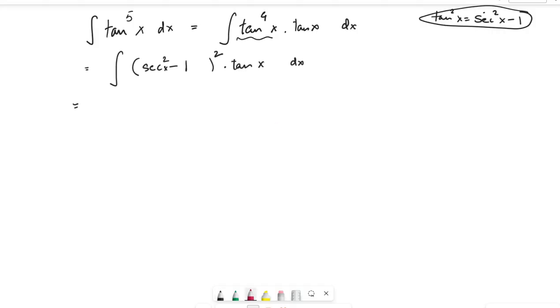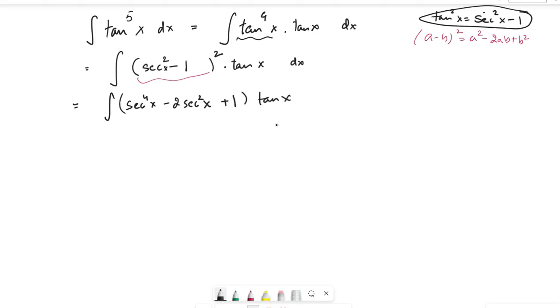We can open this expression using (a minus b) whole square, a square minus 2ab plus b square. So this will become secant^4 x minus 2 secant square x plus 1 times tangent x dx.